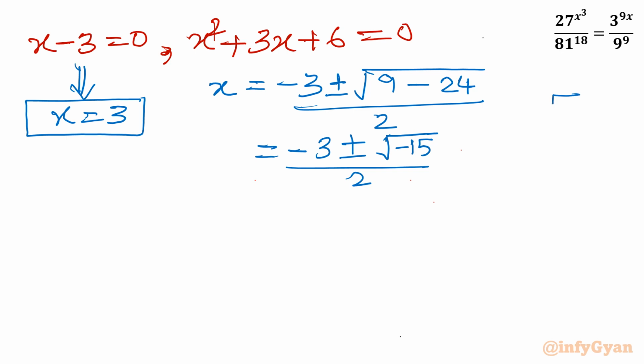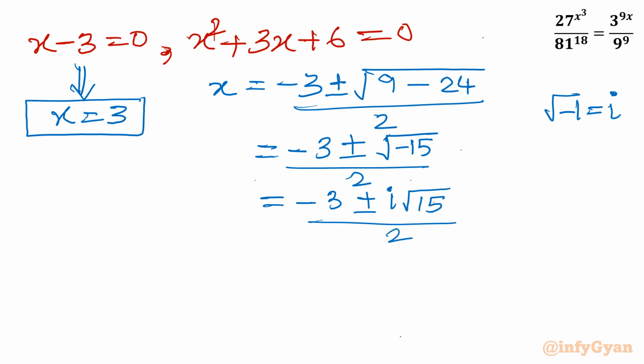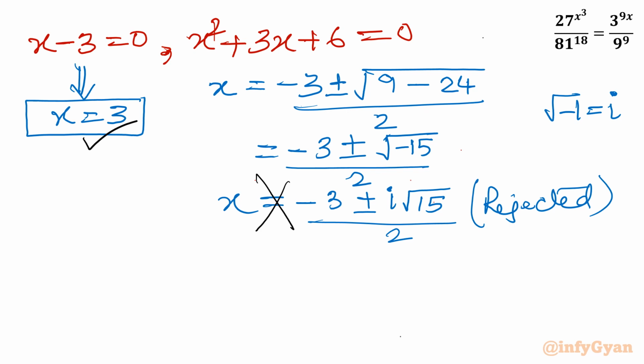And we know that square root of minus 1 is i, complex number. So I can write solution is minus 3 plus minus i times square root 15 over 2. This solution is rejected as it is complex solution. So we won't accept this solution. So which solution we will accept? It is x is equal to 3.